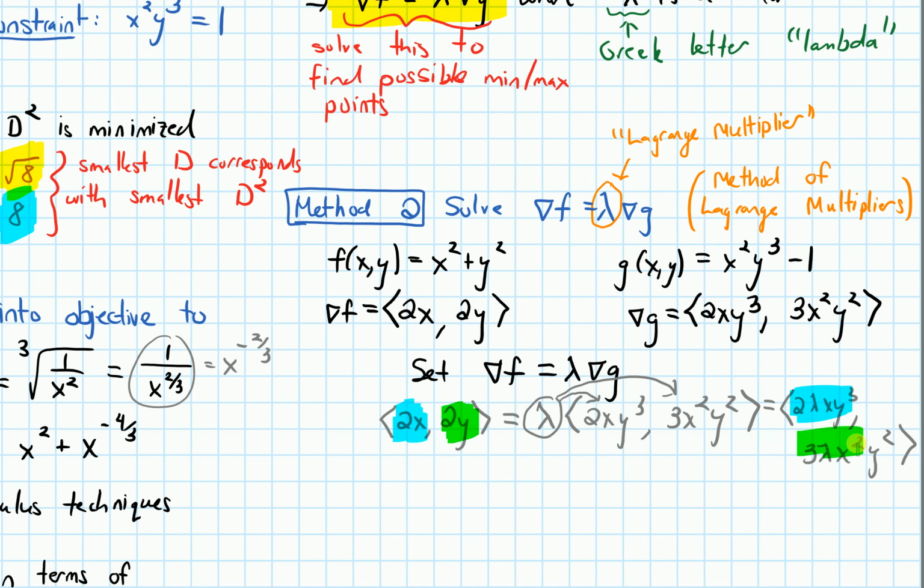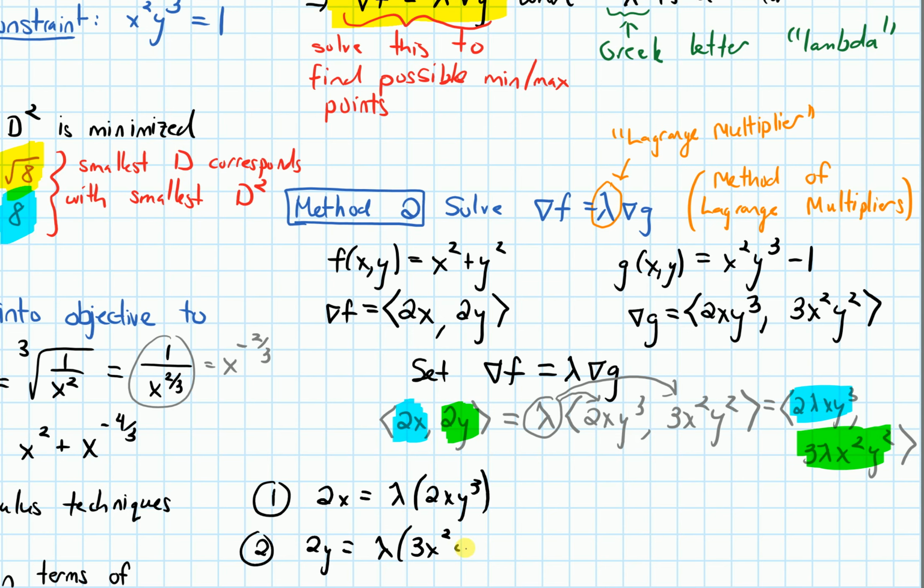That's going to give us a few equations. We get 2x equals lambda times 2xy cubed. The second equation is 2y equals lambda times 3x squared y squared. That's from setting the components of the vectors equal to each other. If we had a function of 3 variables, we would have had a third equation from setting the third components equal to each other.